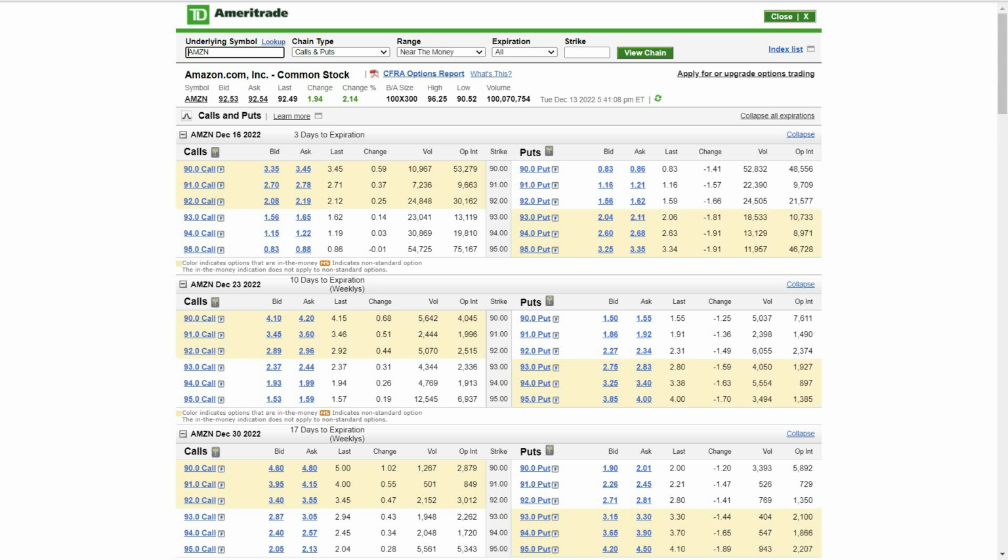So the first tip on selling cash secured puts is selecting your duration, the duration of the contract. Do you want to go short term or do you want to go long term?